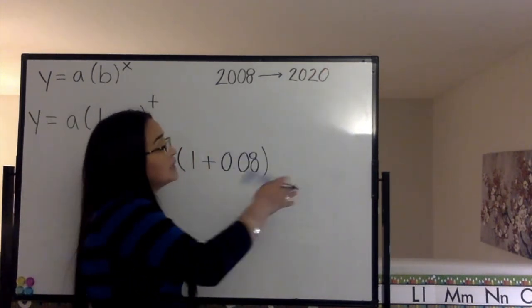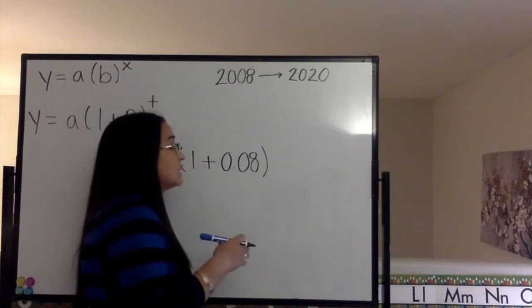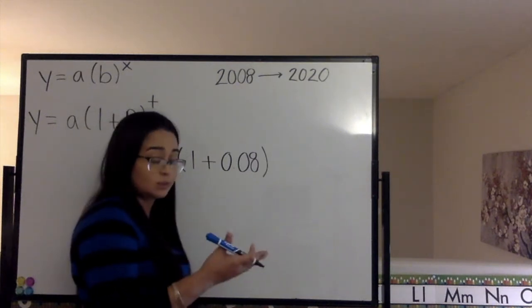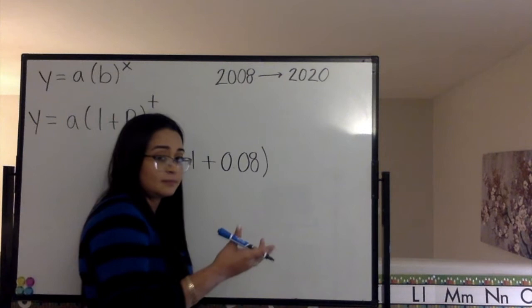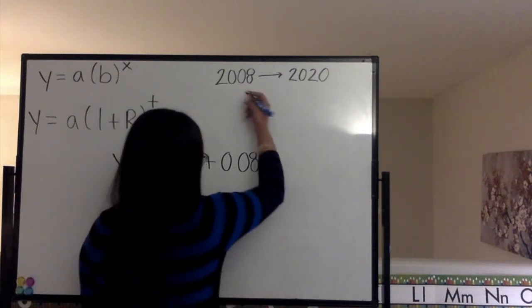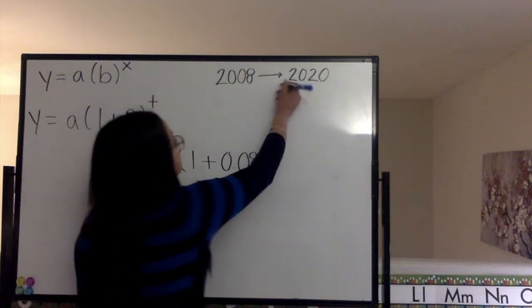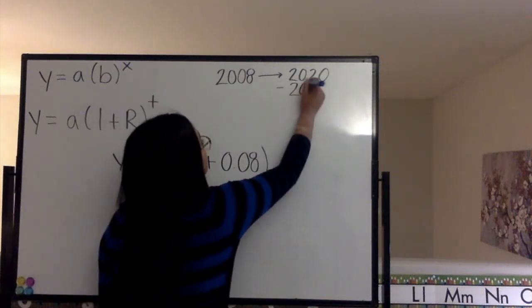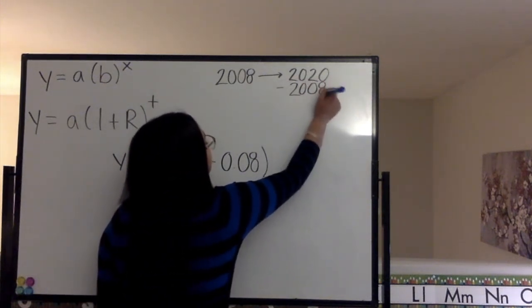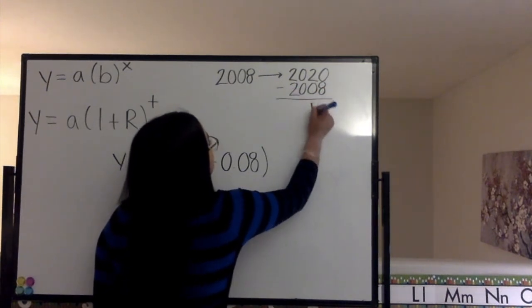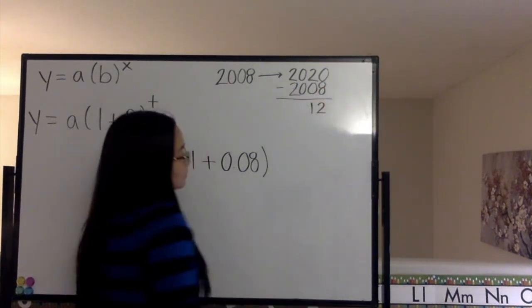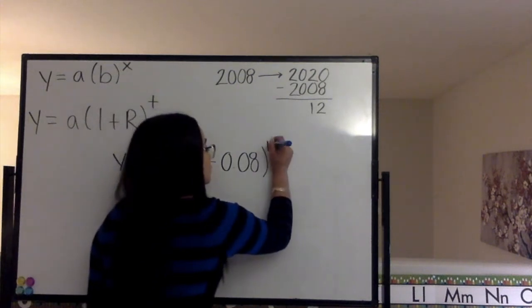And how many years are there between 2008 and 2020? 12. And we can figure that out by subtracting 2008 from 2020. That gives us 12. So 12 will be our exponent.